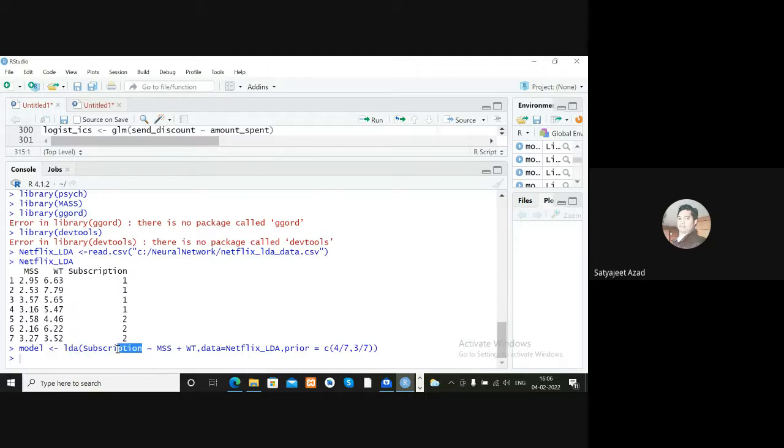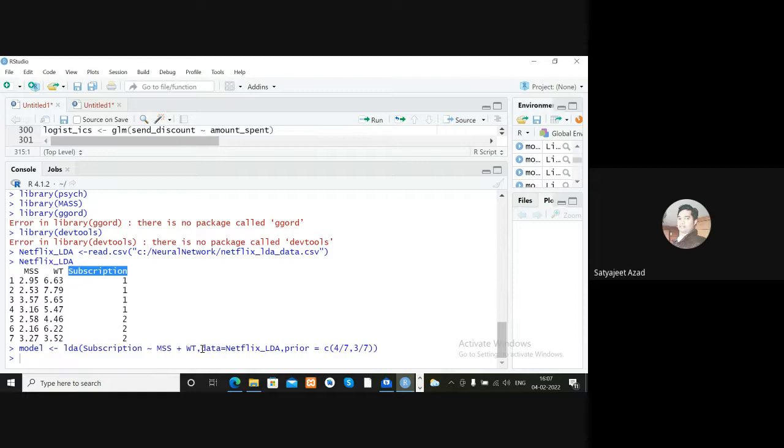And this subscription is basically a target variable, and its relationship with the target variable is shown using MASS plus WT. This is the independent variable or feature variable. You can see from where I have picked it up.